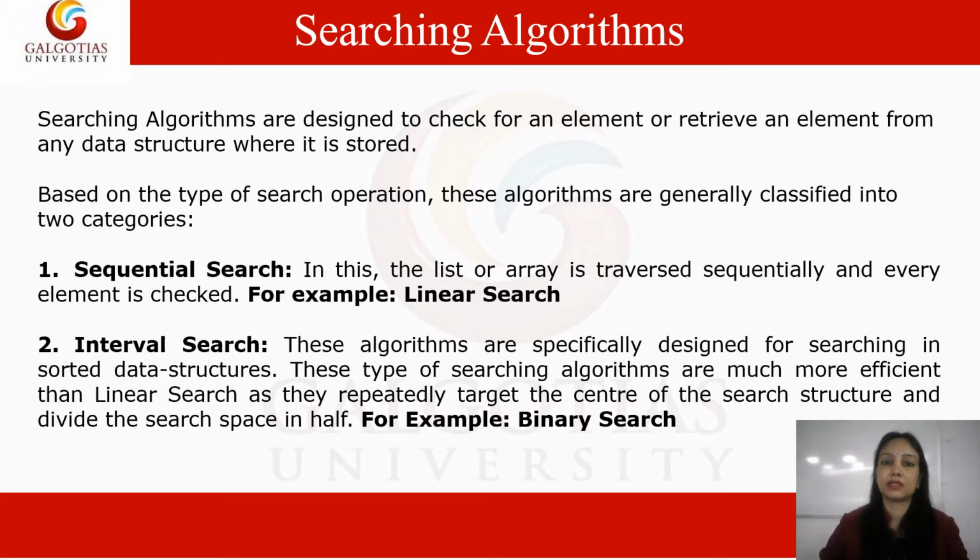If you want to search for the element 60, it is easily detectable: you just find the midpoint. If the searched element is greater than the mid, you have to search in the second half, and if it is less, you search in the first half, so automatically your search space is halved.